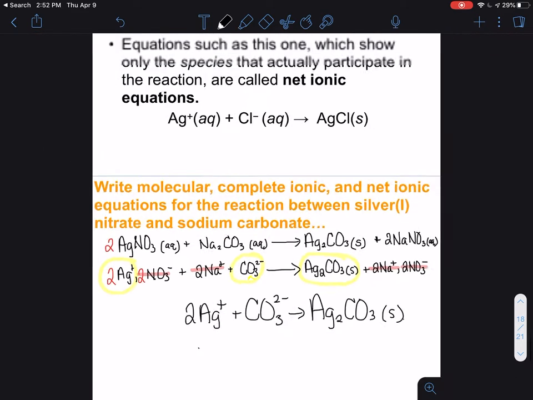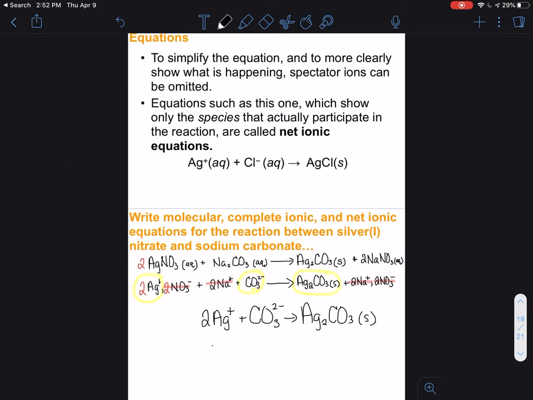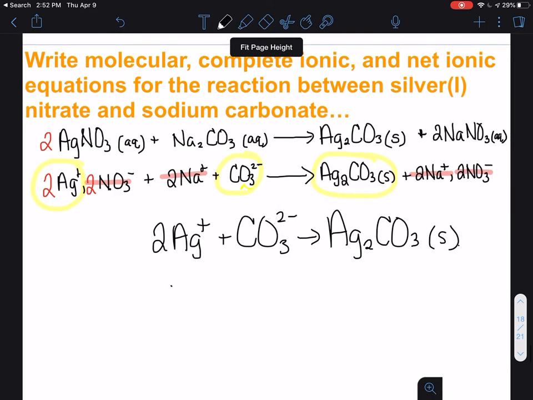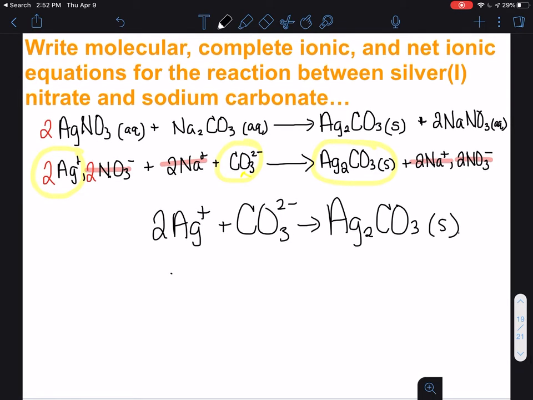Solid. And again, I'm not writing aqueous after every single one, just because it's time consuming. But whatever you do, you need to have phases in your molecular equation.